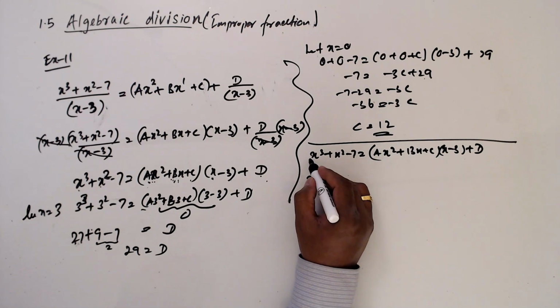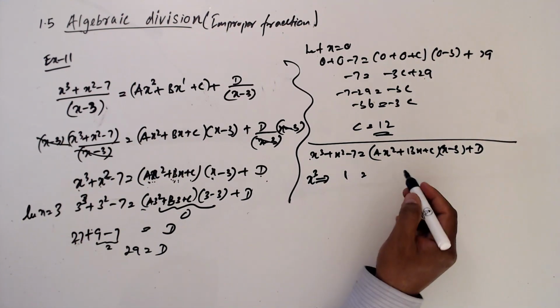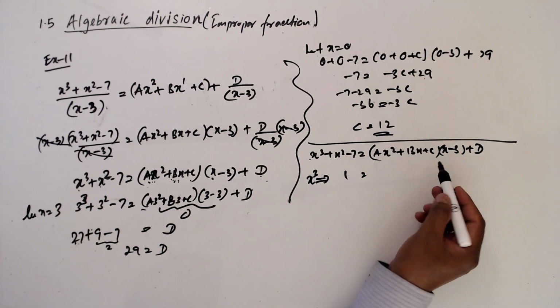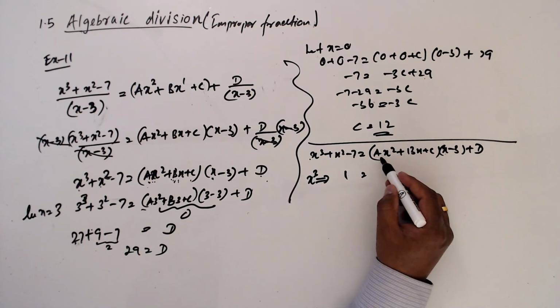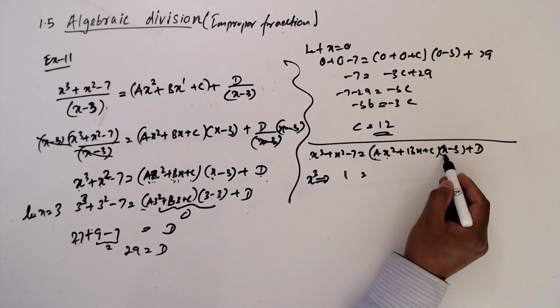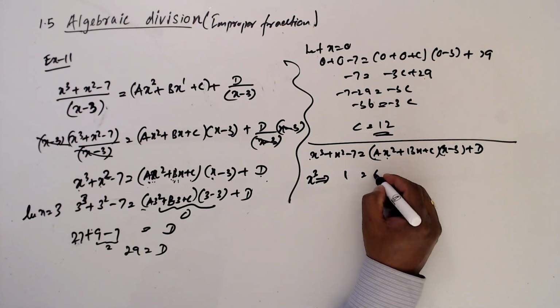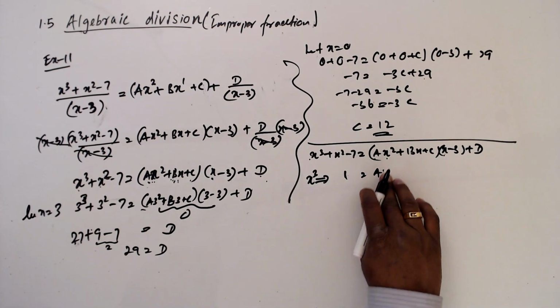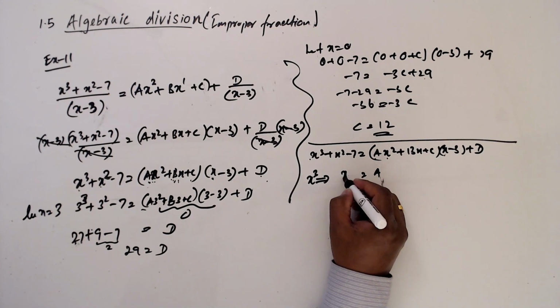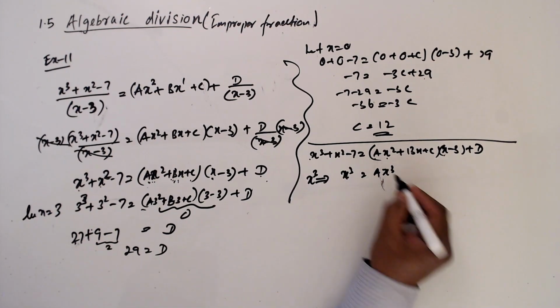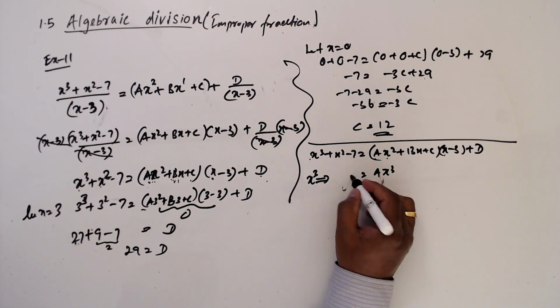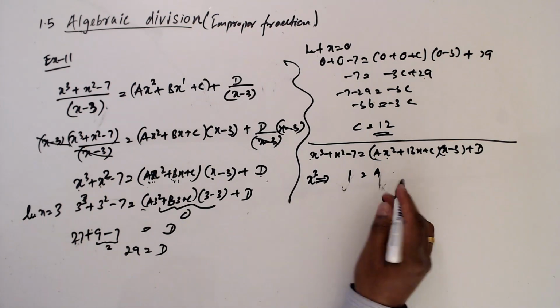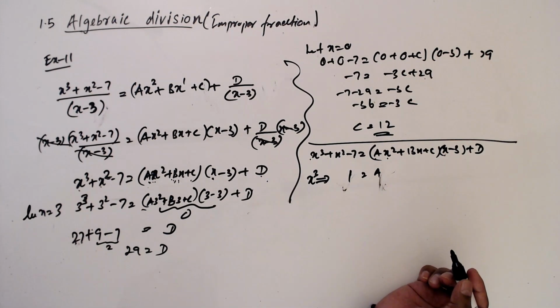What is the x cube term here? You can see that ax square, when you multiply by x, you will get ax cube. So x cube equals ax cube, so 1 equals a. So a value is 1.